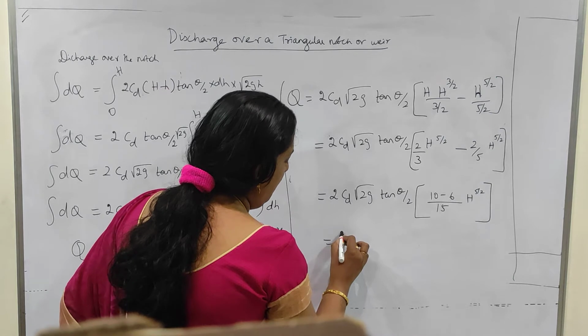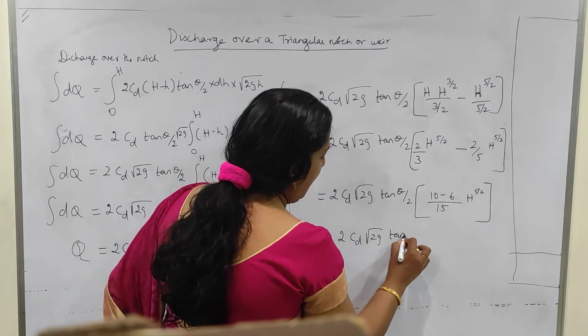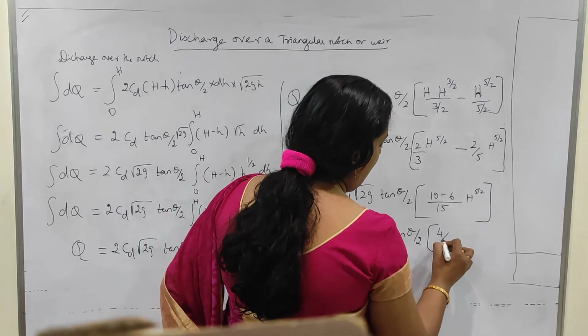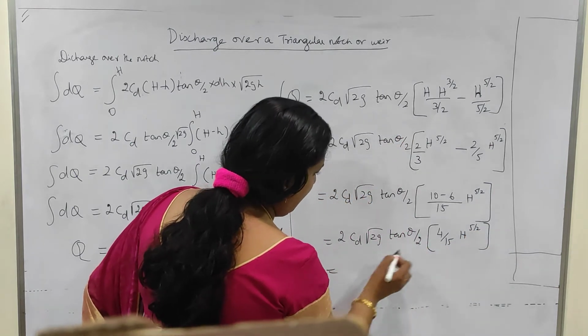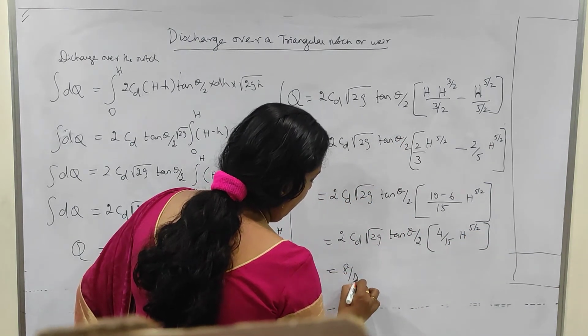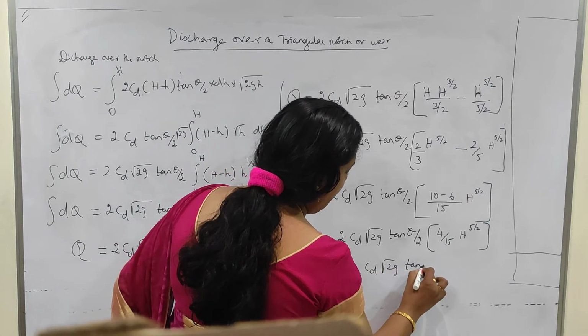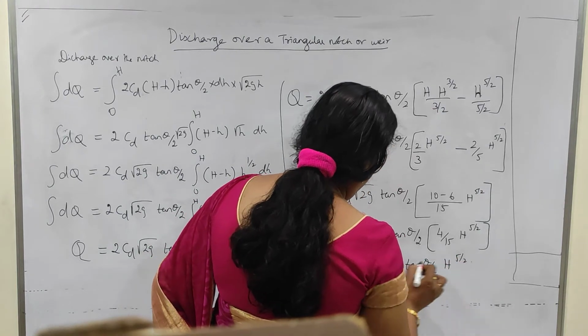So what will that be? 2 Cd into root 2g tan theta by 2 into 10 minus 6 is 4 by 15 h to the power of 5 by 2. Or we can write this as 8 by 15 Cd into root 2g tan theta by 2 into h to the power of 5 by 2.